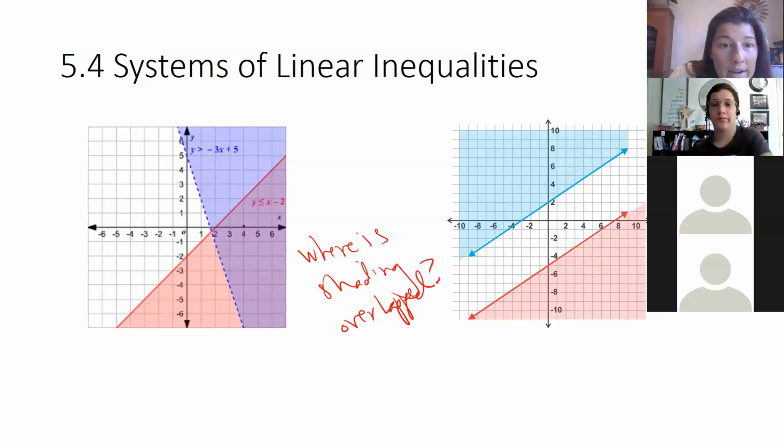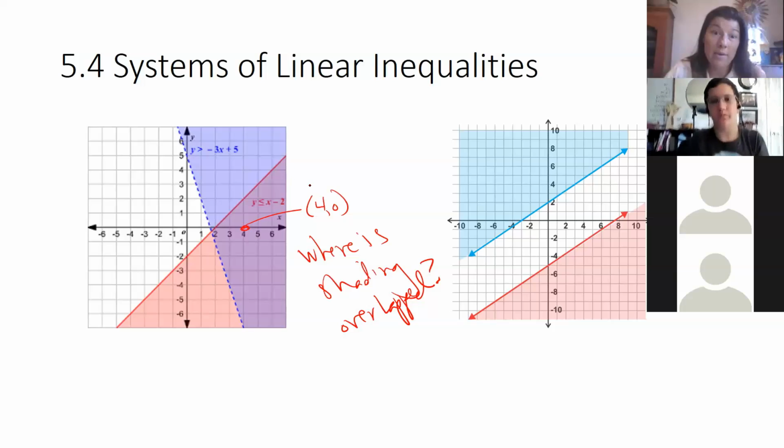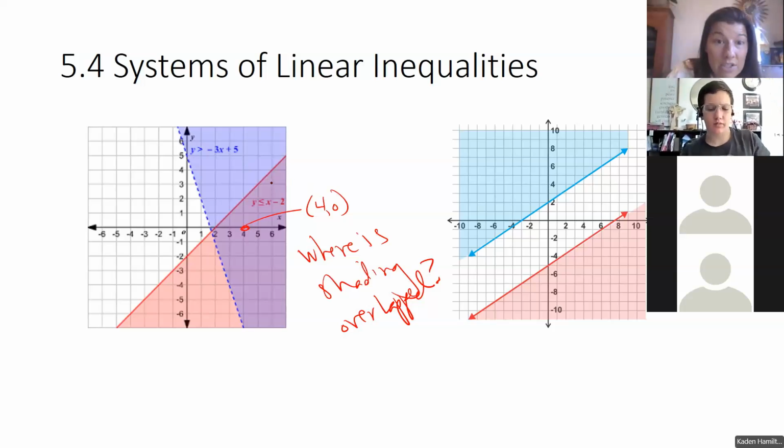So one solution is right here at (4, 0). But that's not the only solution, it's just one. Here's another solution to that system over at (6, 1). Another solution.